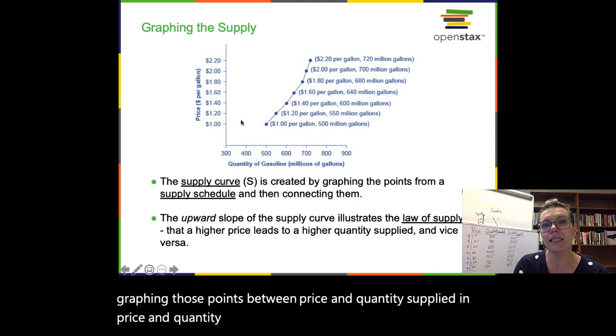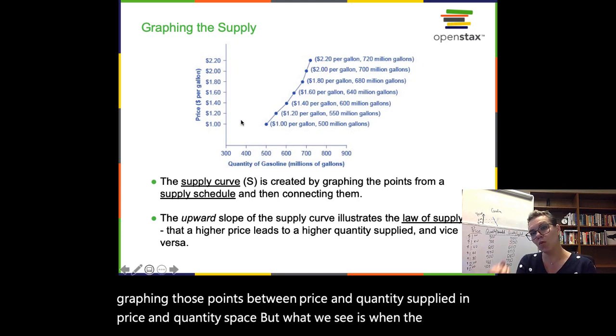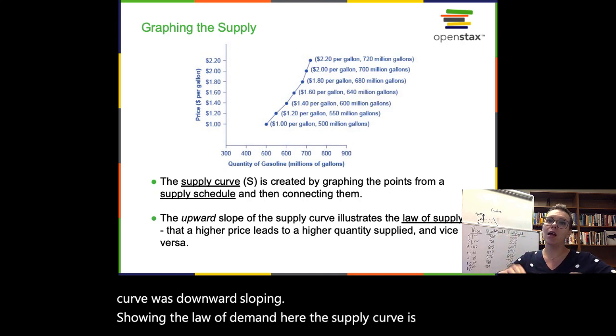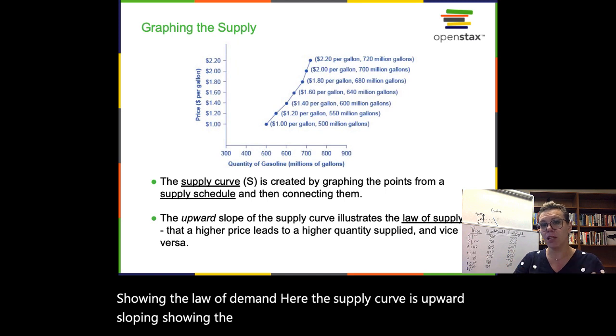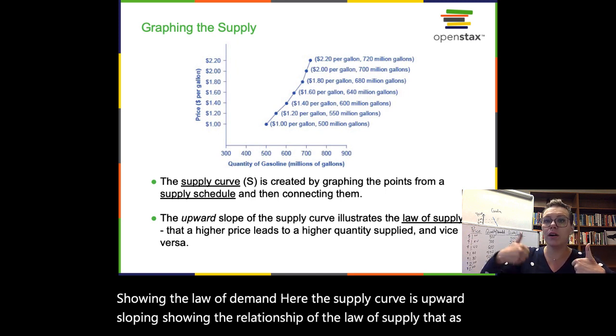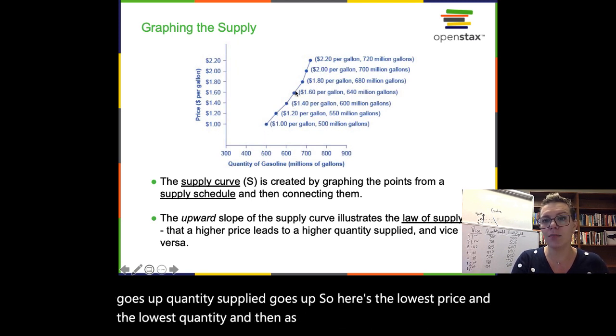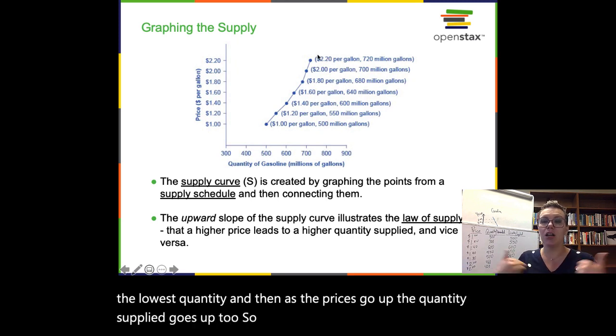But what we see is when the demand curve was downward sloping, showing the law of demand, here the supply curve is upward sloping, showing the law of supply, that as price goes up, quantity supplied goes up. So here's the lowest price and the lowest quantity, and then as the prices go up, the quantity supplied goes up too. So that illustrates that law of supply.